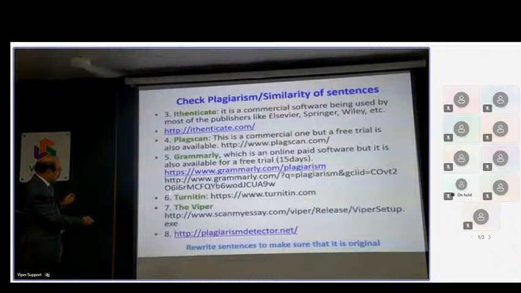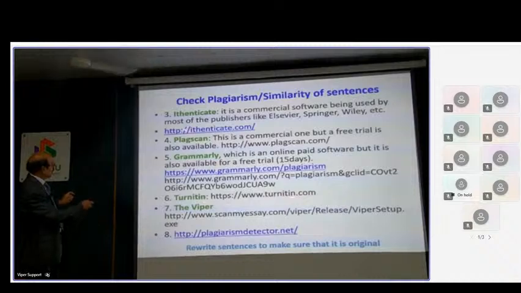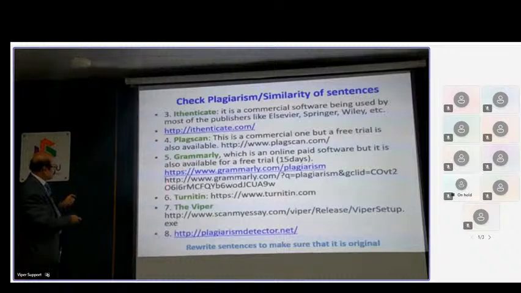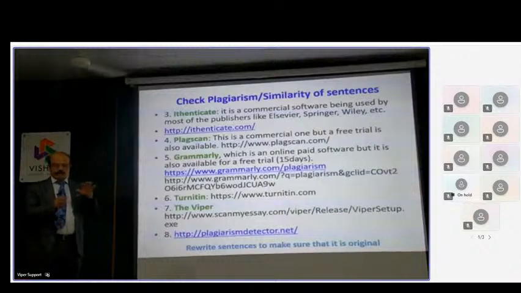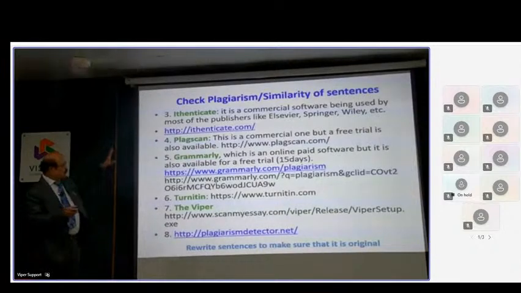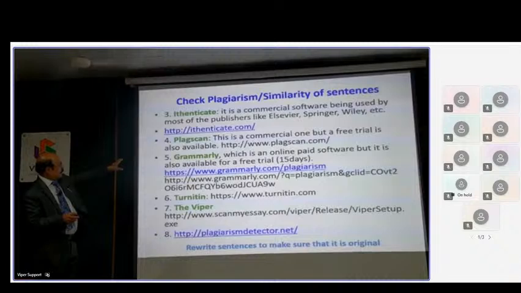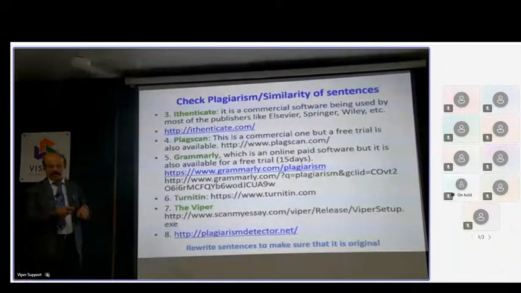So Turnitin, you cannot use it. It's very expensive, subscription based. This is the one which publishers use. And iAuthenticate also, publishers use 3 and 6. Remaining ones are all available free of cost. So use this one. Once you finish writing, you run this software, copy and paste it in the box that the software gives.